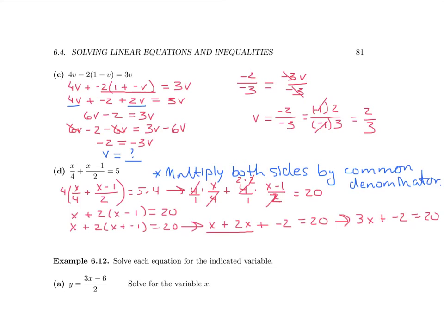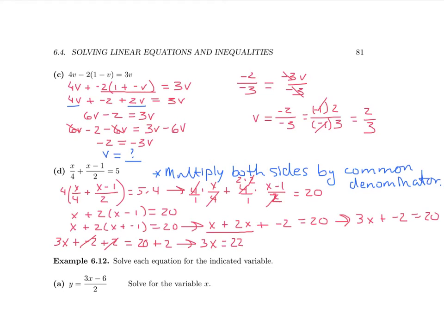Well, adding 2 should do that. So we're going to take our 3x plus negative 2, and we're going to add 2 to the left side, which means we're going to add 2 to the right side. When we do this, the negative 2 plus 2 yields 0, and we're left with 3x equals 22.